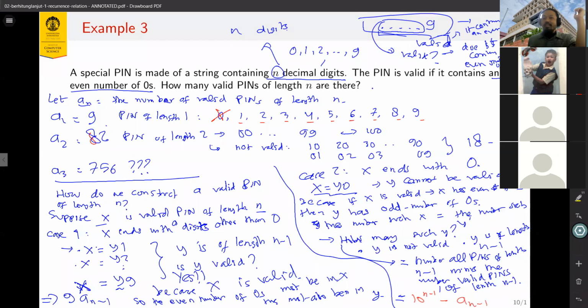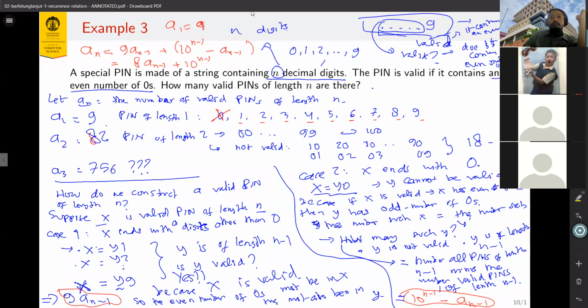So if we combine them together, we have that a n is this one and this one, which is 9a n minus 1 plus 10 to the power of n minus 1 minus a n minus 1, which is 8a n minus 1 plus 10 to the power of n minus 1. Now, what is the initial condition? Well, we know that a1 is 9.